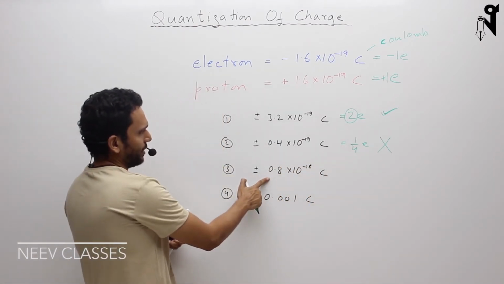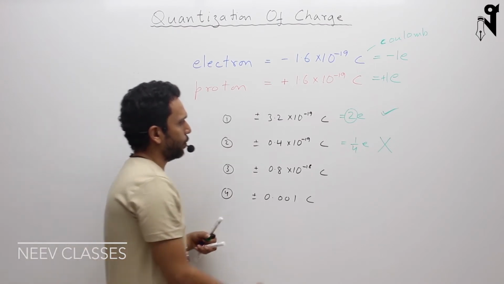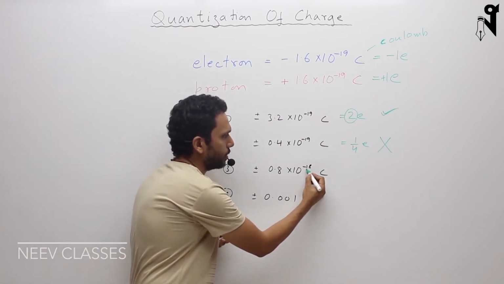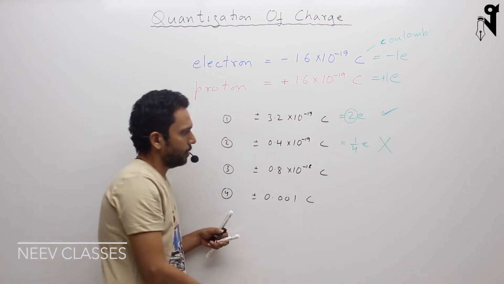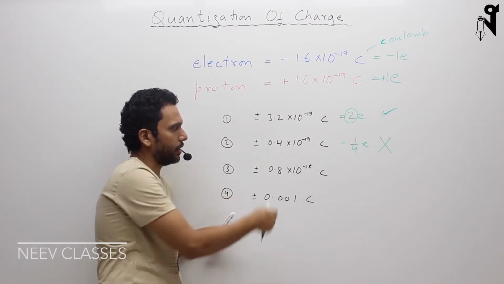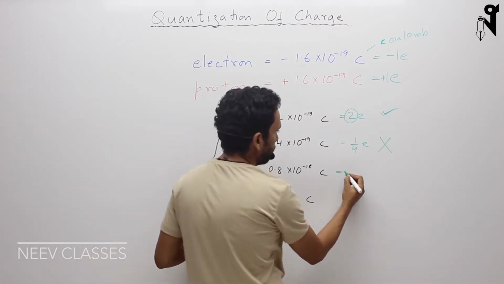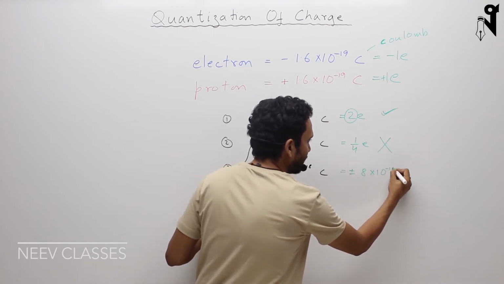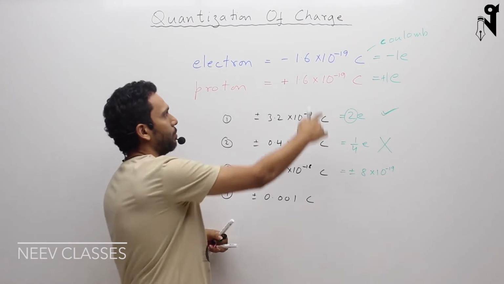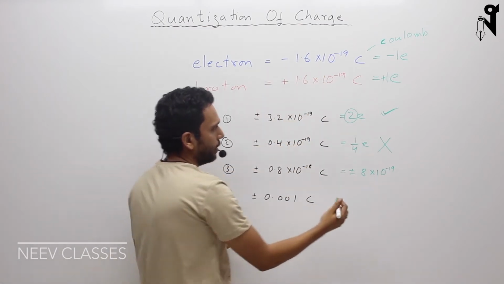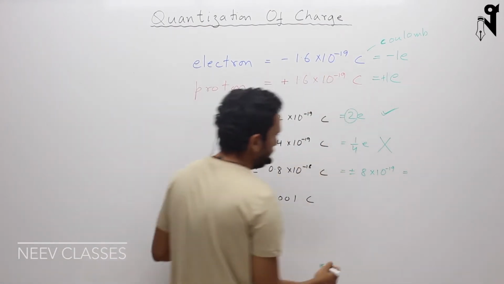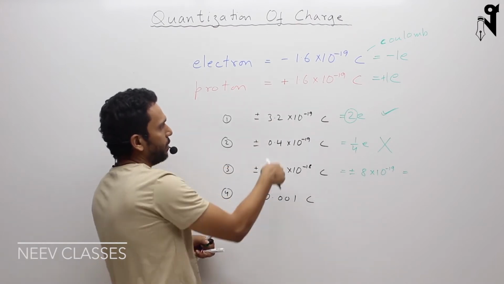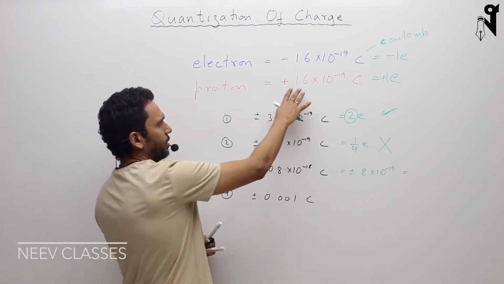Now what about this? I hope you have got the catch over here. It is 10 power minus 18 mentioned. So you can rather write it in 10 power minus 19 as plus or minus 8 into 10 power minus 19. Then we'll compare with e. How much of an e will make it 1.6? We are assuming that this is a precise value.